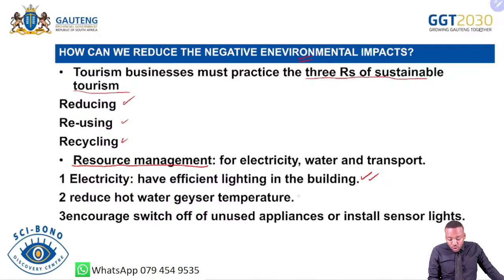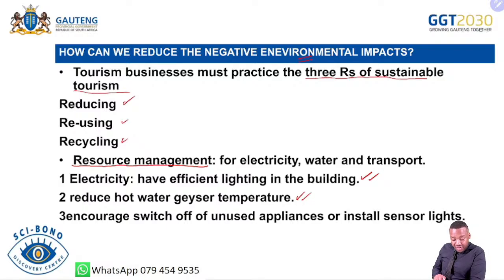Reduce hot water geyser temperature, right? People may think these are easy. They are not easy things, because some of the learners even forget these things. So you need to make sure that you learn these things, especially how we can reduce our negative effects on the environment.